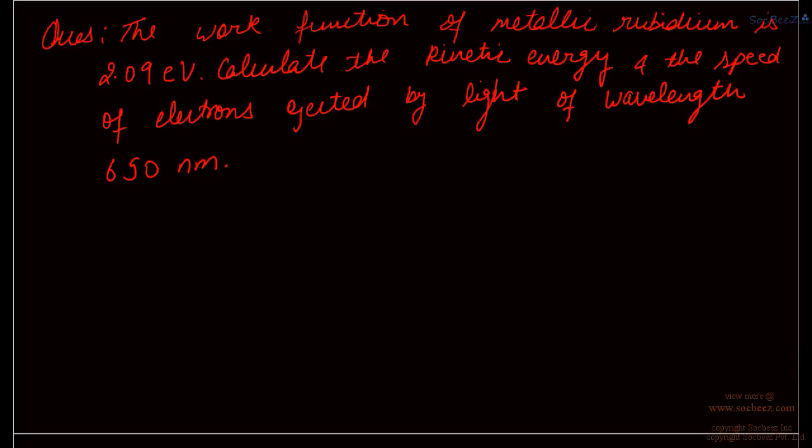Okay, the next question says the work function of metallic rubidium is 2.09 electron volt. Calculate the kinetic energy and the speed of electrons ejected by light of wavelength 650 nanometer.